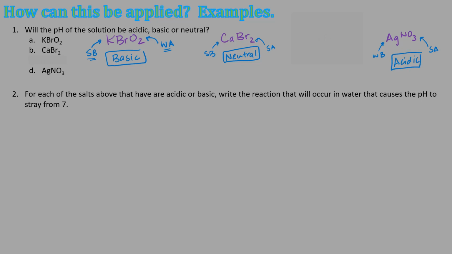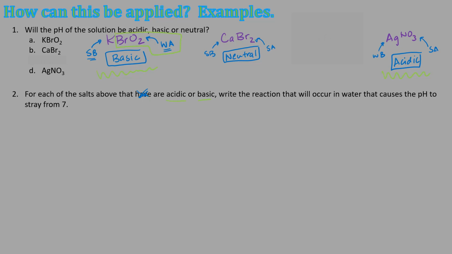All right, and then number 2 says, for each of the salts above that are acidic or basic, write the reaction that will occur in water that causes the pH to stray from 7. The only ones we have to do are this one and this one, because they're the acidic and basic ones. So for KBrO2, the part we need to look at is the weak part.